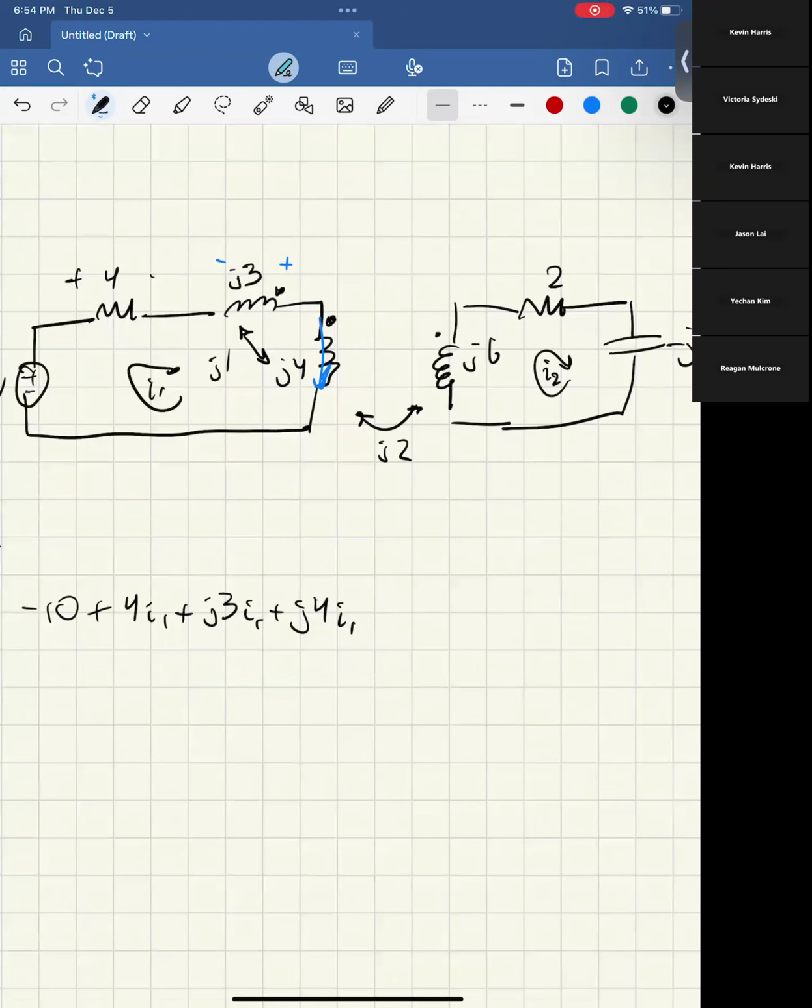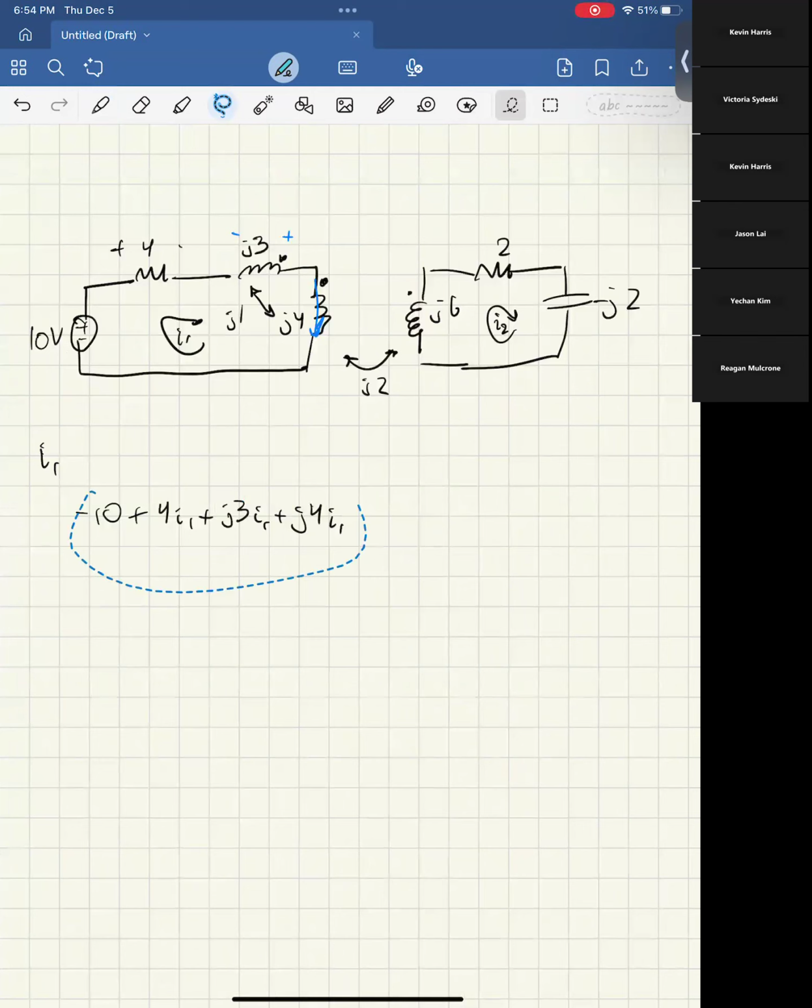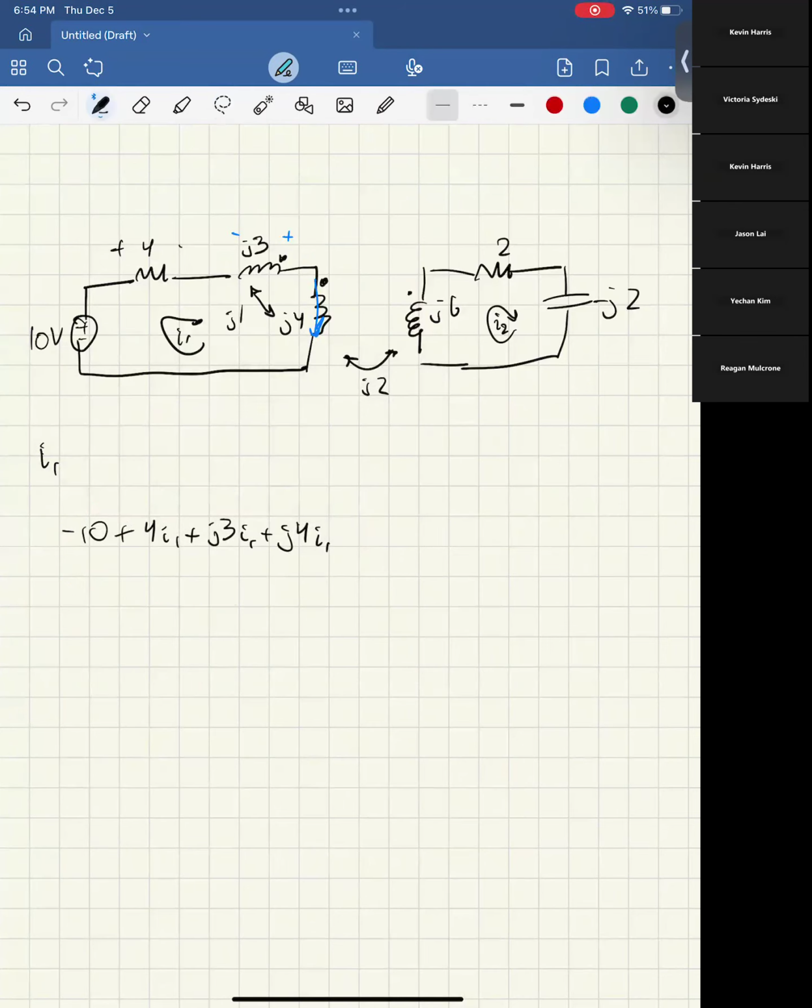In terms of the passive sign convention, it's going from low to high in the direction of current, which means it's going to be a minus j1 times I1, because of that mutual inductance.